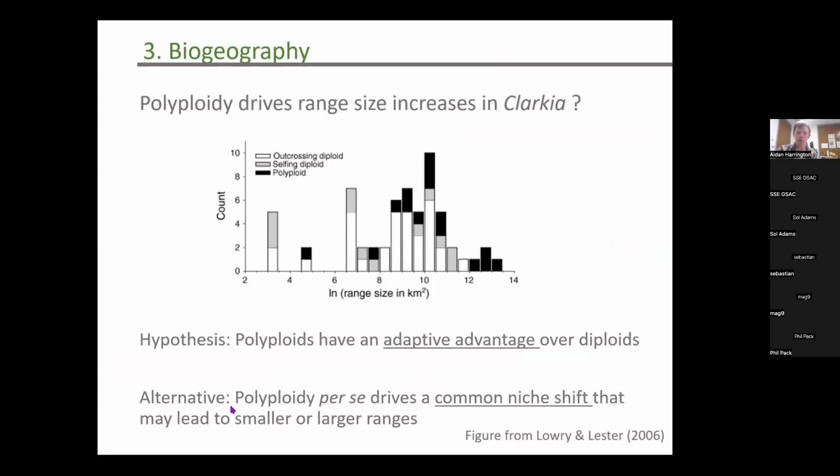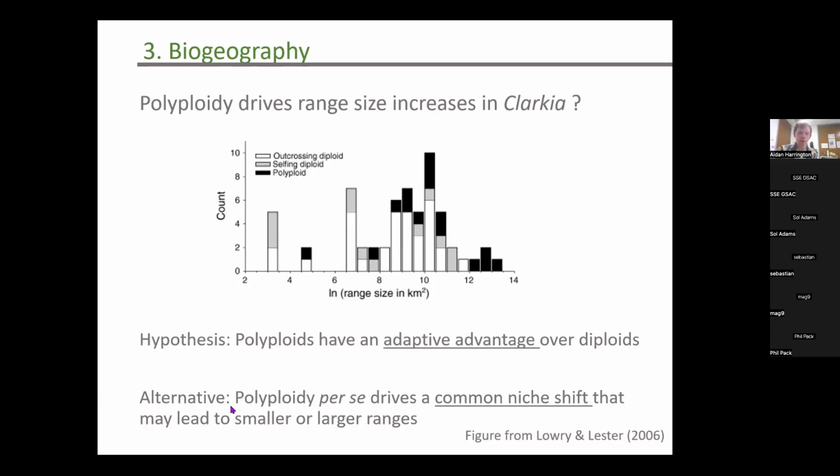There's a relatively well-cited paper from 2006 that suggests this to be the case. That's where this figure comes from. And the hypothesis here is that polyploids must have some kind of adaptive advantage over diploids to consistently achieve these larger ranges. But some among you may be wondering, is this corrected for phylogeny? The answer is no.